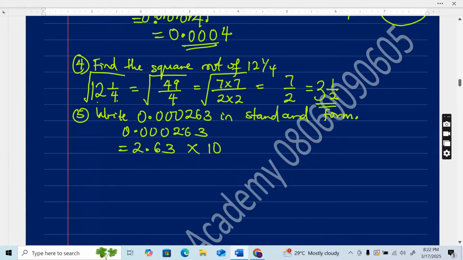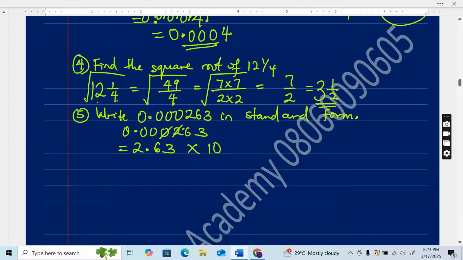Then count back to the left side the number of digits that are there before you get to the decimal point. Let's do it together.